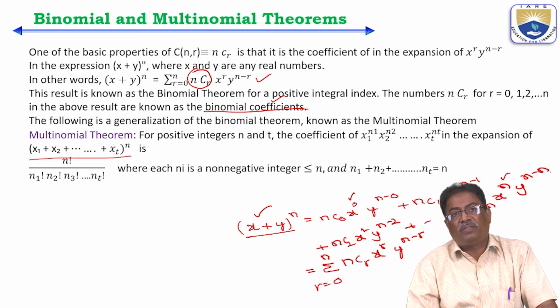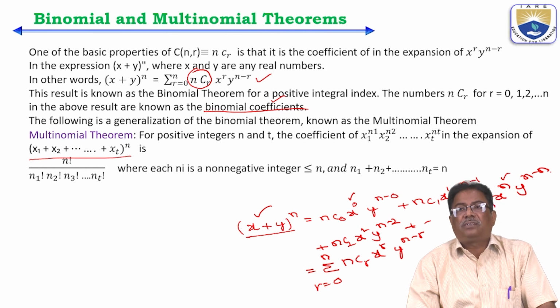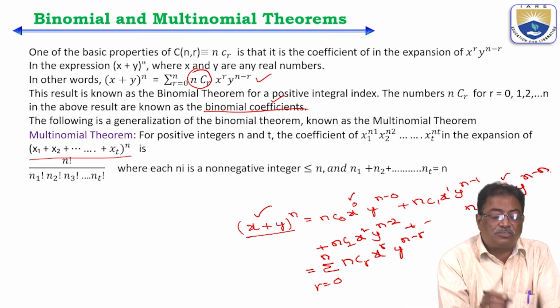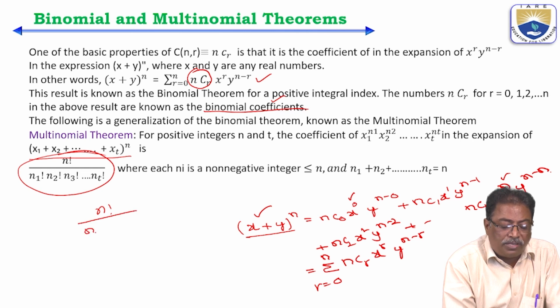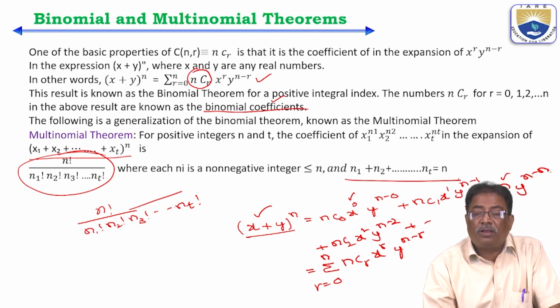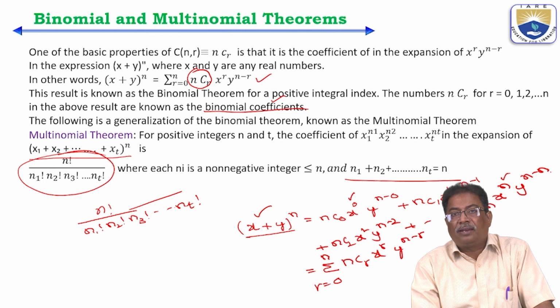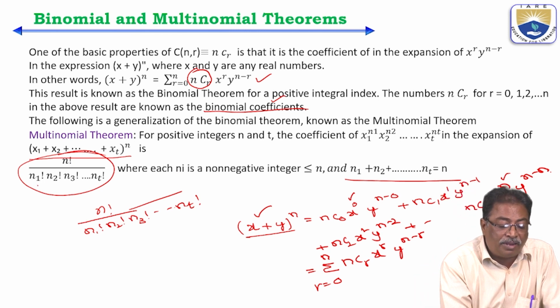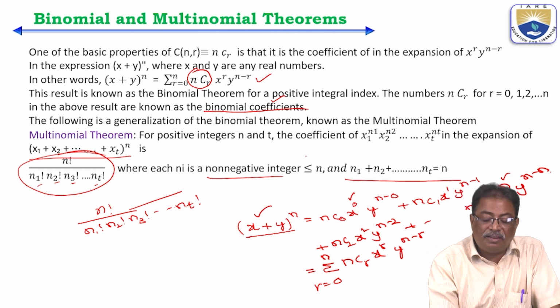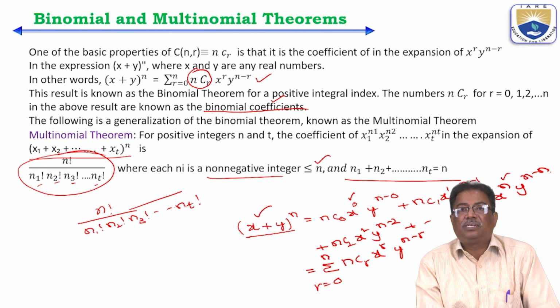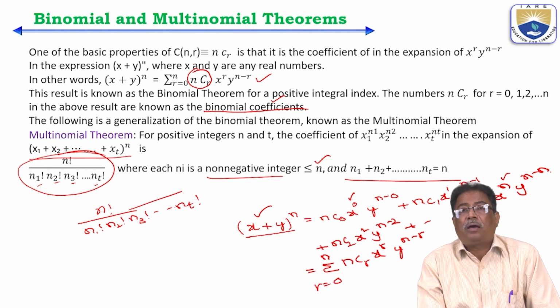Then the coefficient of x1 to the power of n1, x2 to the power of n2, and so on, in this expansion is n factorial by n1 factorial into n2 factorial into n3 factorial and so on into nt factorial, with the condition that n1 plus n2 and so on plus nt equals n, and each ni is a non-negative integer, of course less than n. So this is known as the multinomial theorem.